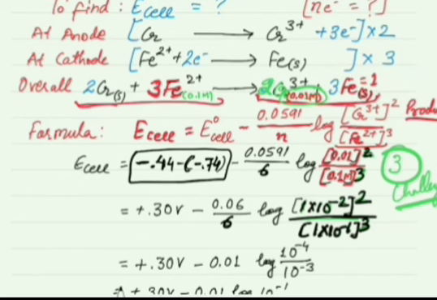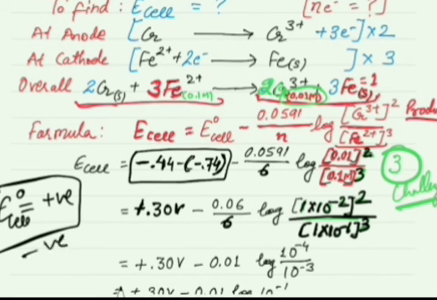It is quite easy to calculate, so I will not discuss it in detail. It will come out to be positive 0.30 volt. This standard EMF of the cell is always positive. If it is not positive, I have told you earlier that the reaction is not feasible, right?